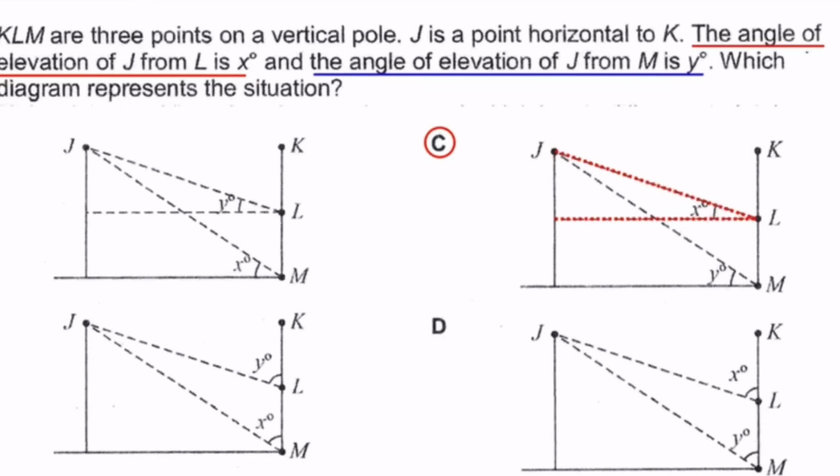And let's have a look at the blue one, the angle of elevation of J from M is y. So we go to M, draw a horizontal line, and the angle measuring up to J is y degrees. So that is the right answer.